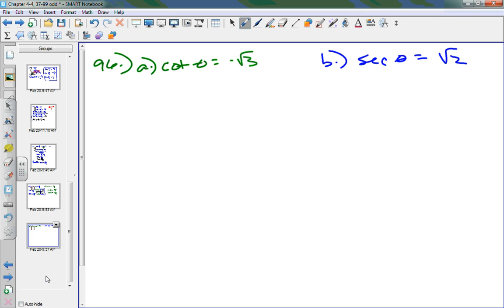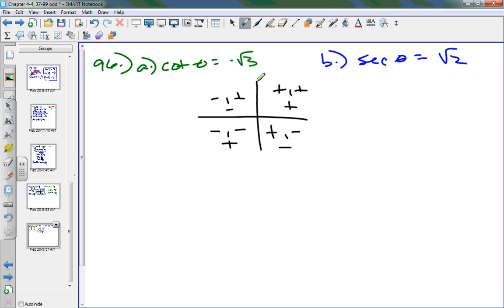Same exact concept, except for this time, what do I know? I'm going to go right back over here, draw my lovely little circle, okay? Cotangent's negative in what quadrants? 2 and 4.